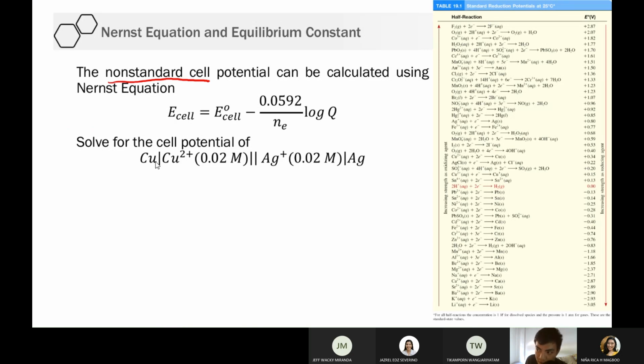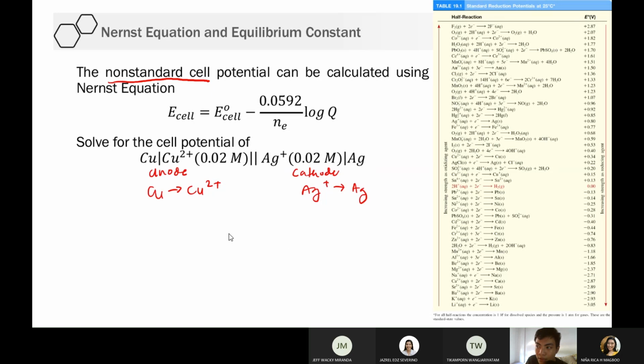Again, this is your anode, and this one is your cathode. Remember that in the anode we have copper converting into copper 2 plus, and in the cathode, you have your silver ion converted into silver metal.